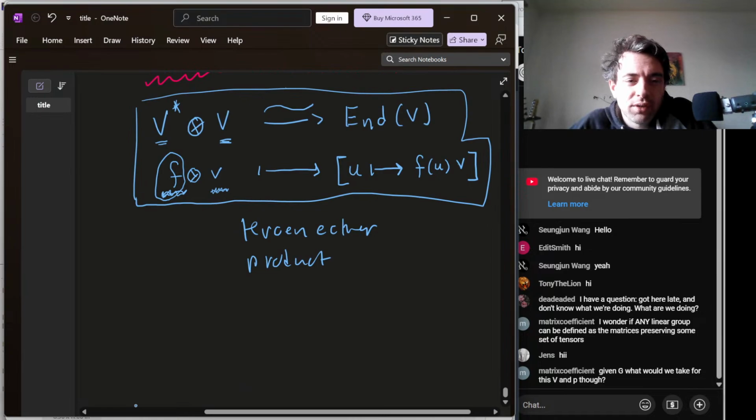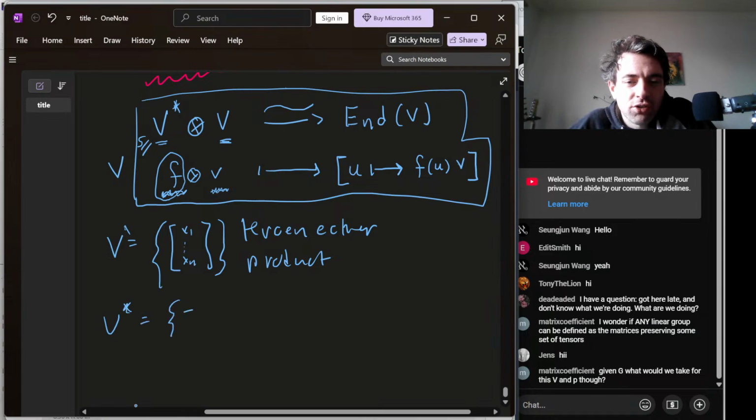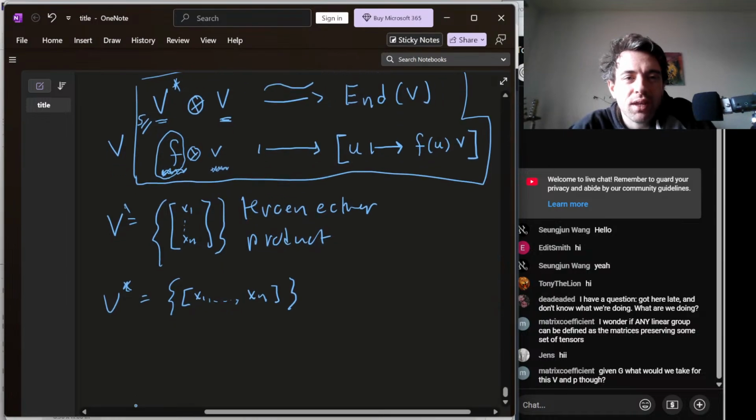By doing this, you can sort of identify V star with V. You can choose an isomorphism where, if you write everything in V as a column vector, you can write everything in V star as a row vector.